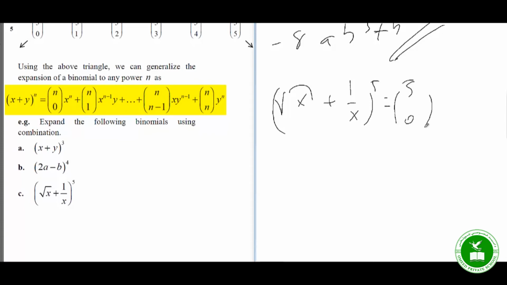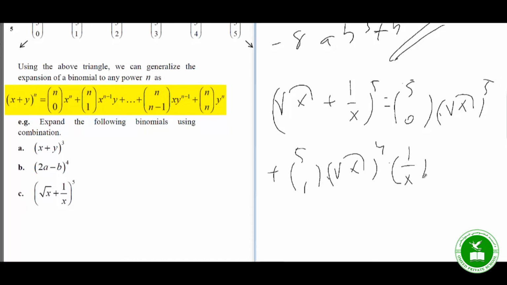combination of 0 from 5, let me clean this part, 0 from 5 times the square root of x to the power of 5, plus combination of 1 from 5 times square root of x to the power of 4 times 1 over x to the power of 1, plus combination of 2 from 5 times square root of x to the power of 3 times 1 over x to the power of 2.